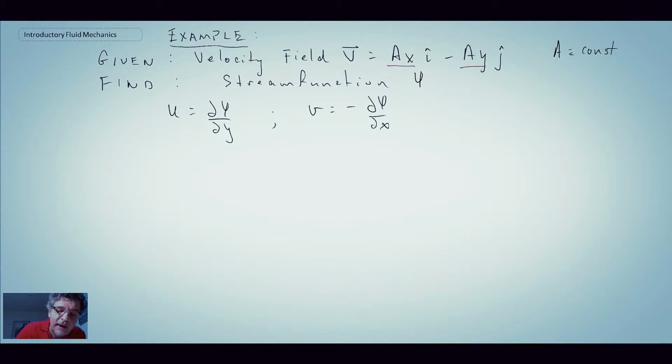So beginning that process, we have u equals partial psi partial y, and if we look at our velocity profile that was given, that is ax. So with that, we can integrate.